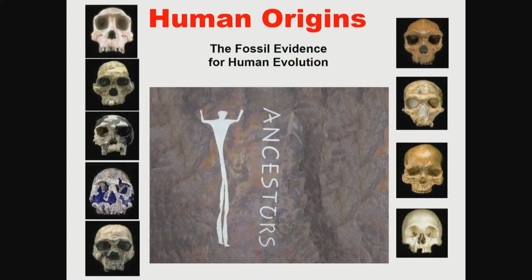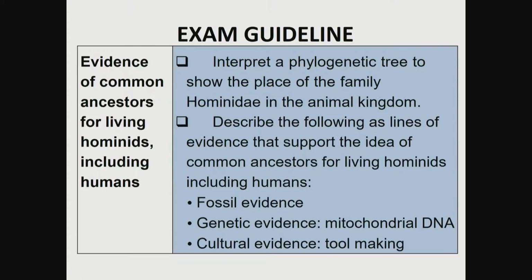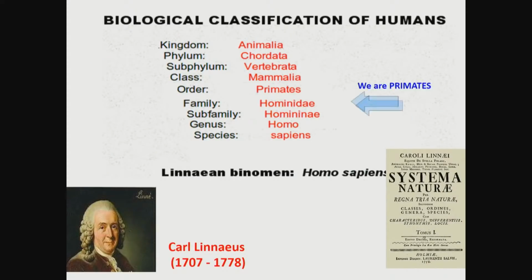And the question that is usually asked in human evolution is, we must be able to identify that Hominidae is the family name for all primate species, and the spelling of Hominidae. Hominidae is the family to which all primates belong.